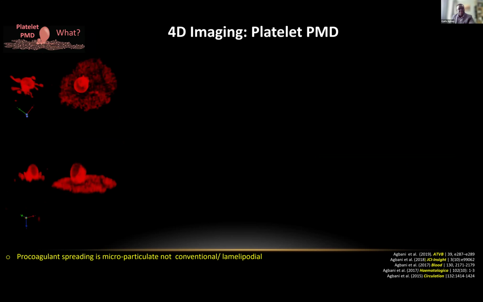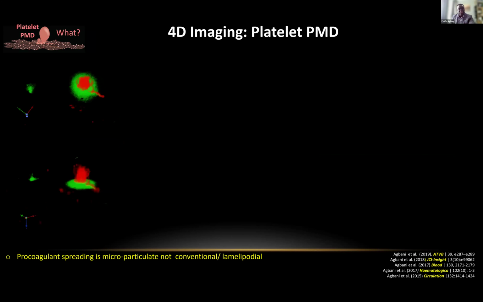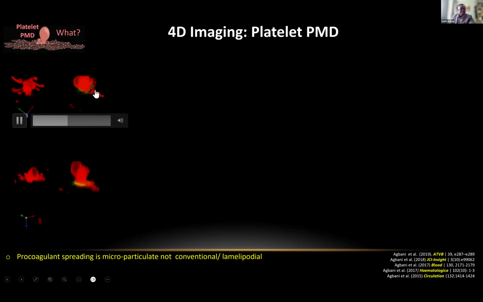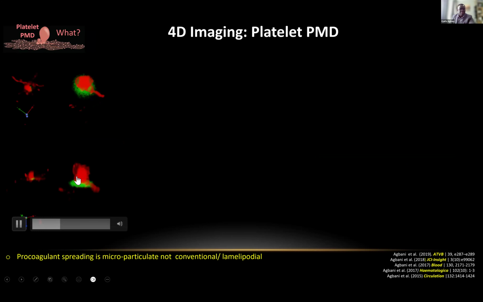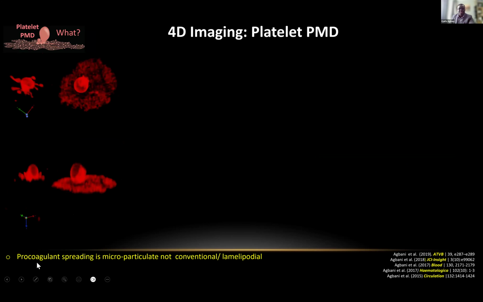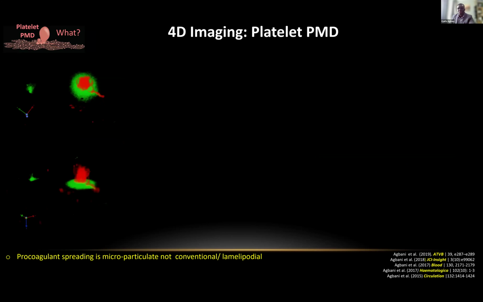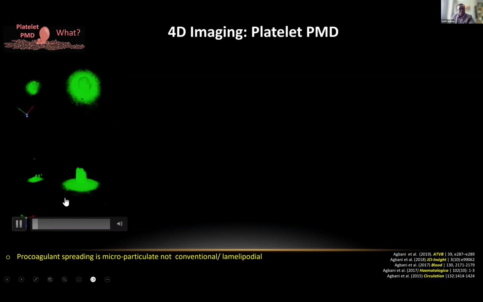I'm interested in understanding this phenotype of platelets. So we did 4D imaging to look at what kind of spreading we are looking at. If you just pay attention to what is happening in this 4D video, we notice that the kind of spreading is different from the conventional filopodial, lamellipodial spreading. This is more or less a microparticulate spreading that we are looking at.